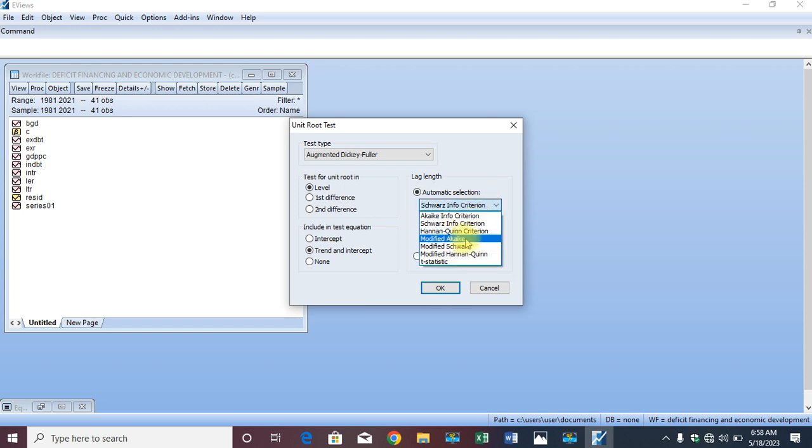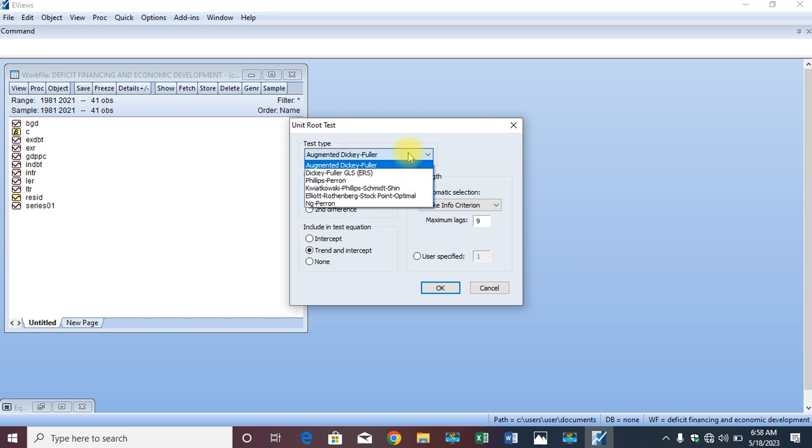Many of the times I like using Akaike information criterion, but let's leave it as Schwarz information criterion as the system provided by default. So without changing anything here, we have many types of unit root testing procedure. We have about 6 types of unit root testing procedure.